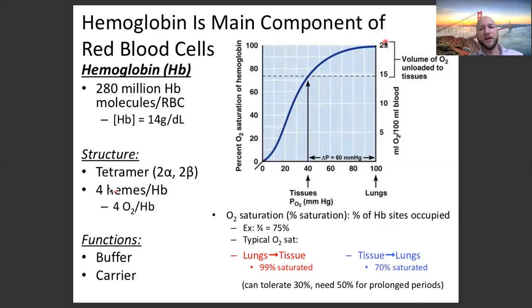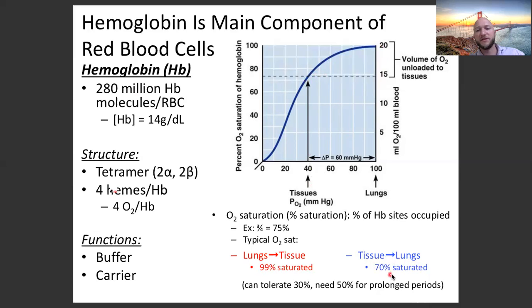So in our lungs, our blood picks up oxygen. We get to 99% saturation. That blood is 99% saturated until it gets to the site of gas exchange, the capillaries. And around 30% of that oxygen is going to leave the bloodstream and go into our tissues.